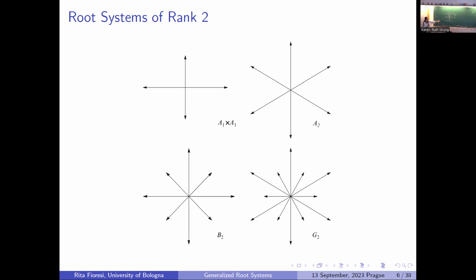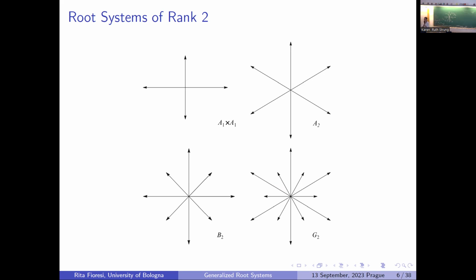I write here the A2 system. There is only A1 times A1, A2, the B2, which coincides with the C2 in this case, and the G2, okay? I could prove it. It's very simple to show, because you just do some argument on the angles.